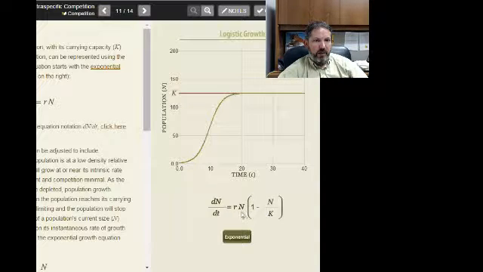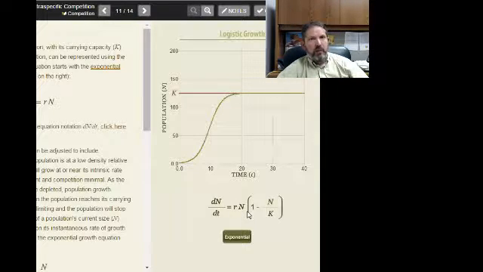Now we're at 90% of the potential growth rate of the population. And if n is 900 and k is 1,000, 900 divided by 1,000 is 0.9, and 1 minus 0.9 is 0.1.